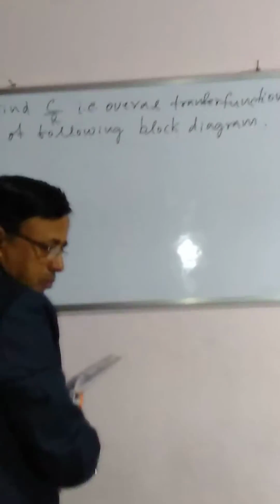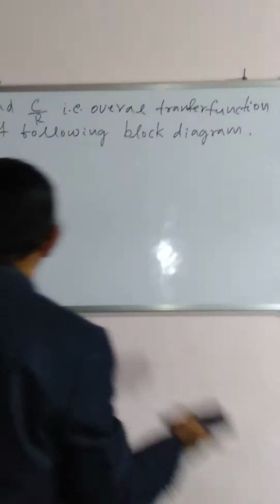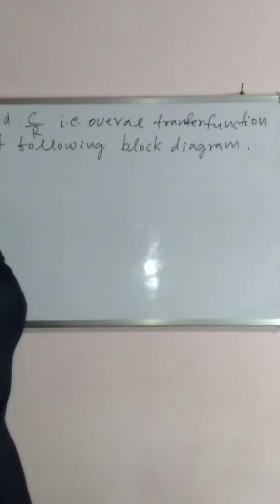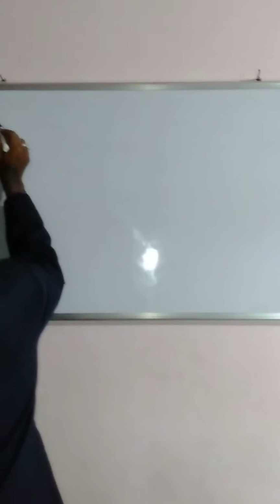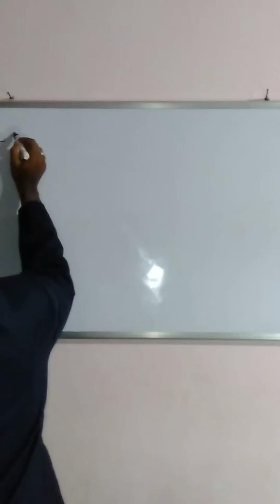So this is the problem. We have to find out what is C by R, or the overall transfer function of the block. So let us draw the block diagram. This is the block diagram.